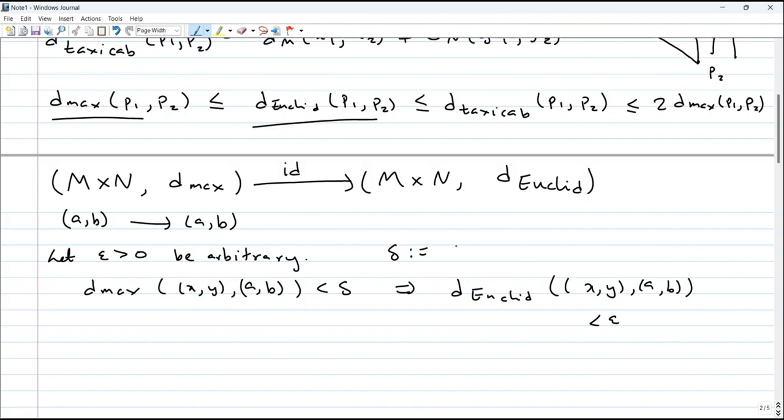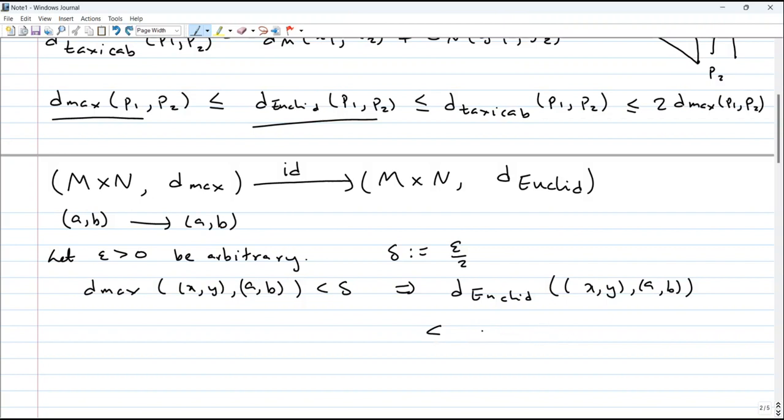If you choose delta equals epsilon over 2, so what happens? If the distance between (x, y) and (a, b) is less than epsilon over 2, you know that d Euclid will be less than or equal to 2 times the maximum distance.